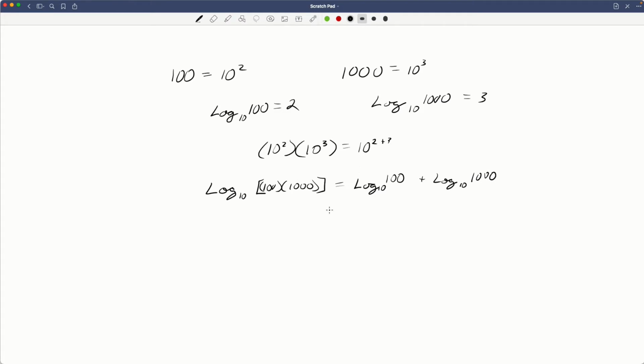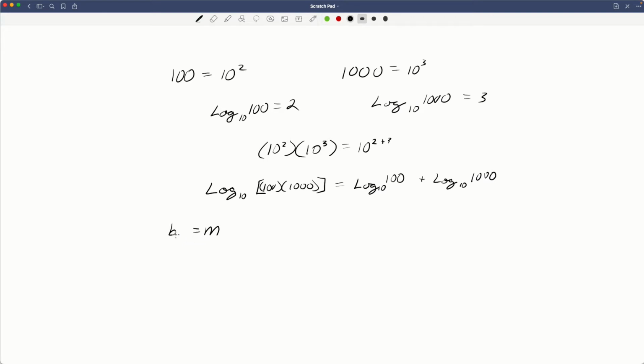Right, so if we let b, the letter b, represent the base, so the base here is 10, and let m represent 100, so b squared would equal m, or actually, I'm sorry, we let that equal 100.